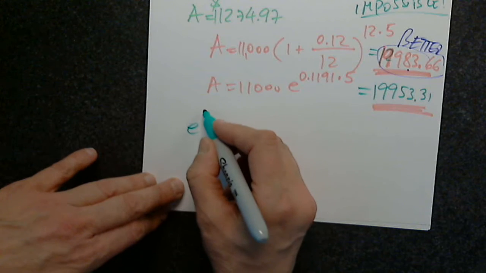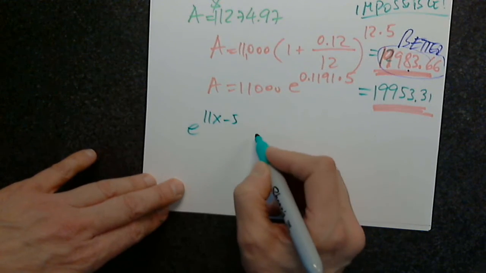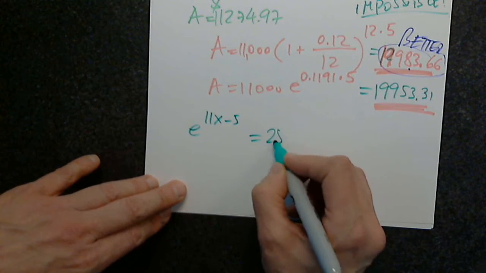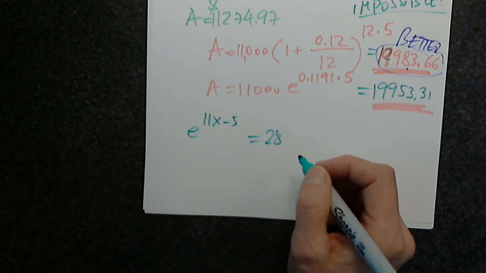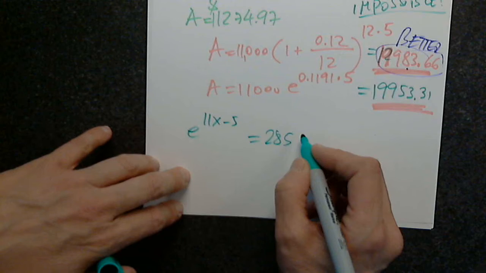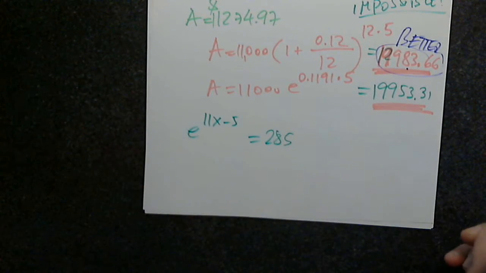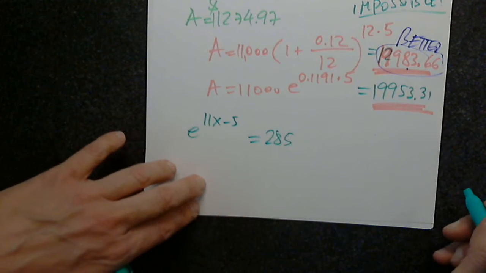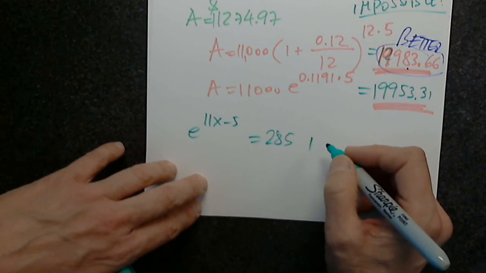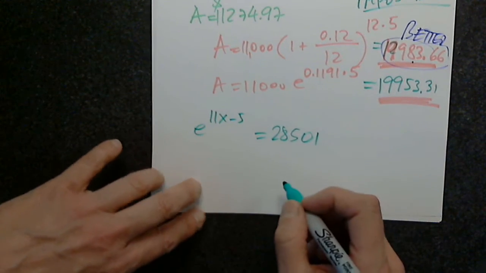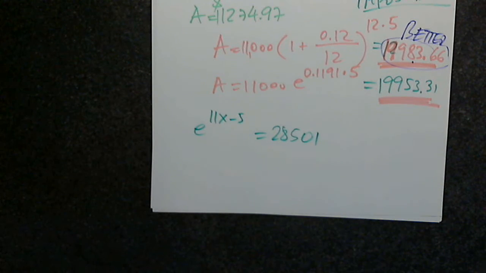So this is e to the 11x minus 3 equals 28,498. We clean it up by adding 3 to both sides, and 28,498 plus 3 is 28,501.